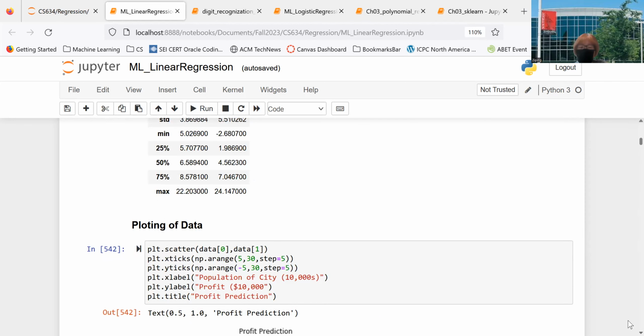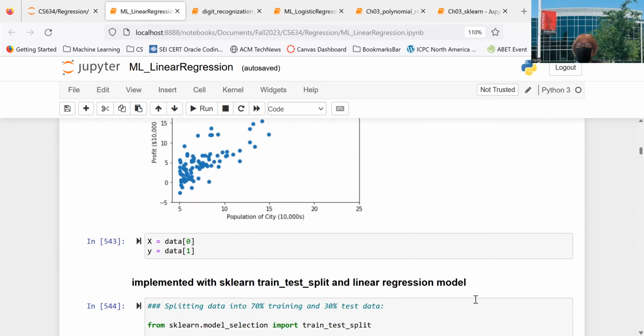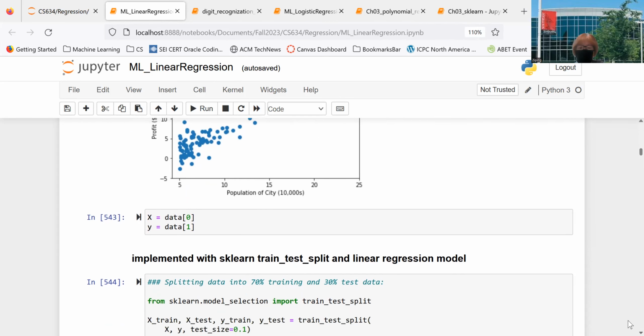So here we have some basic idea about this sample distribution.